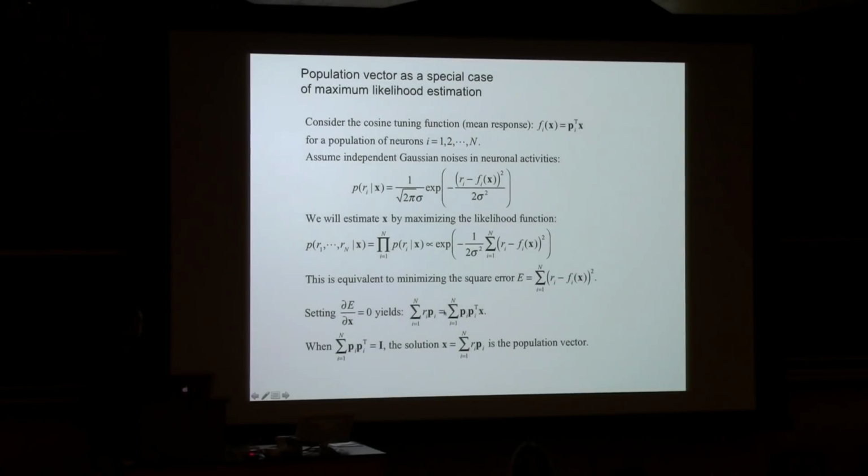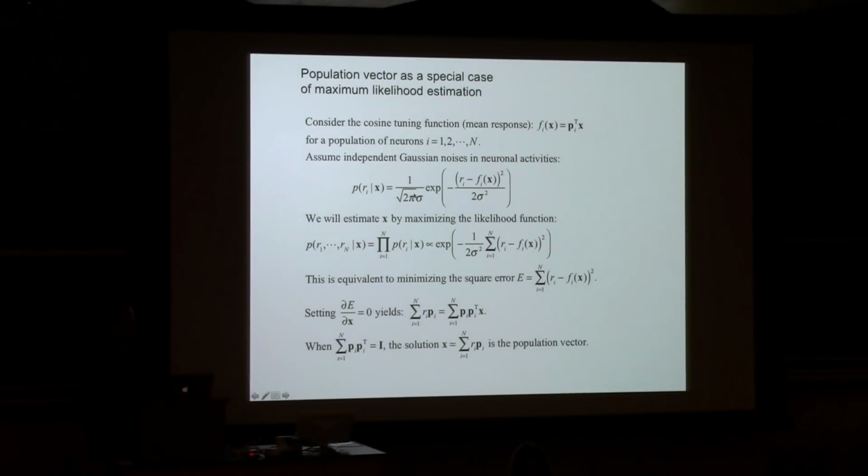And you see from here that this matrix, we saw it before, our friend now, if it equals the identity matrix, your solution x is equal to this, exactly the population vector, right? So that means if your model like this cosine tuning is exactly true and your noise is Gaussian, which is not exactly right.